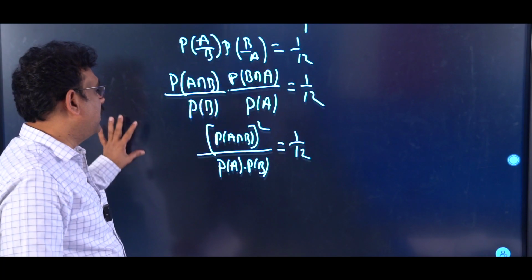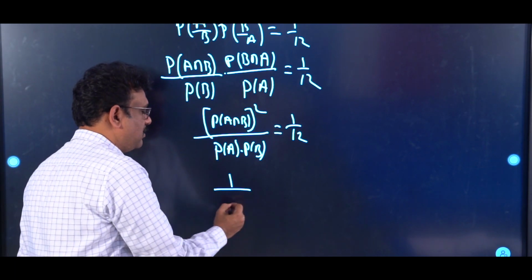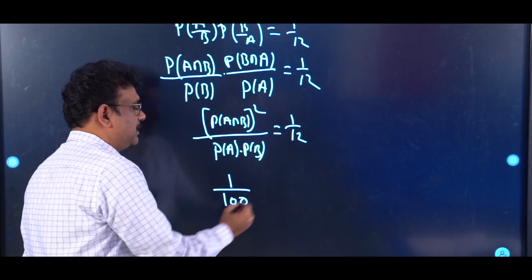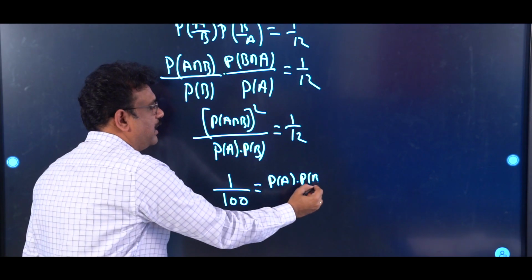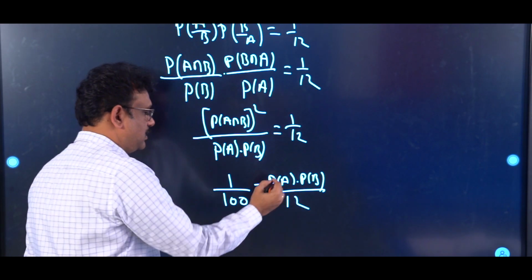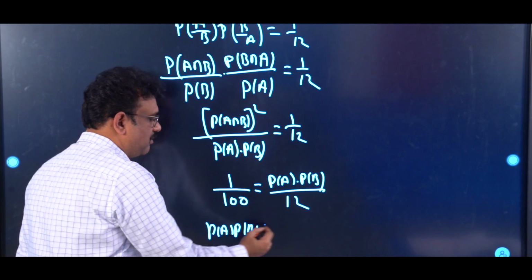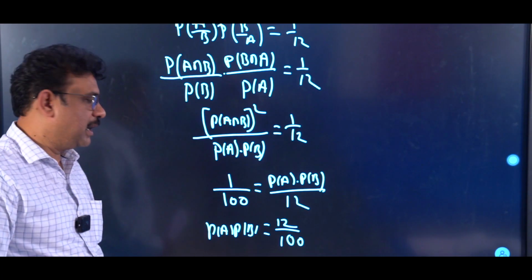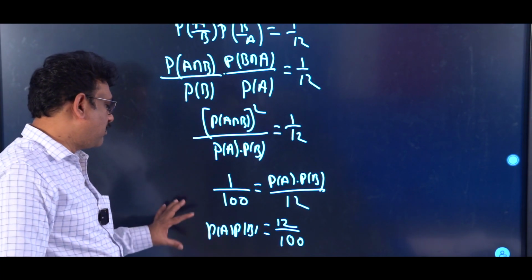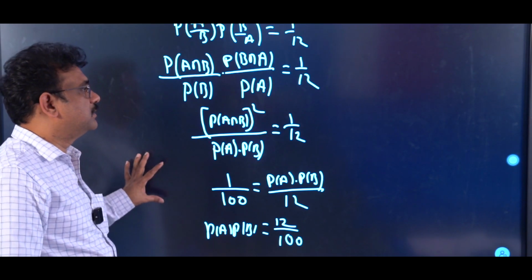So P(A ∩ B) whole square equal to 1 by 100 is equal to P(A) into P(B) by 12. That is P(A) into P(B) equal to 12 by 100. This is the value of the product P(A) into P(B).